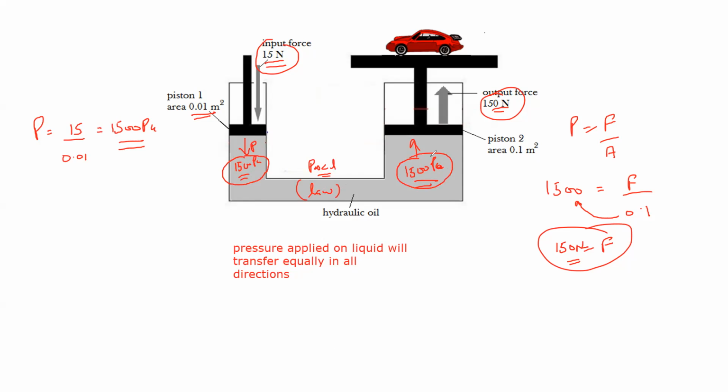When something is a law, it means practically it always comes out the same. The experimental results are always the same. So this is the Pascal law, a Pascal principle, which states when pressure is applied on the liquid, the liquid will apply the same pressure on the other side or in all directions. Is it clear?